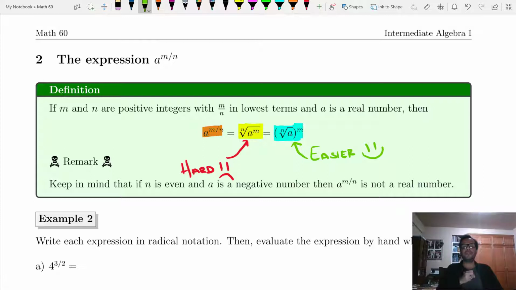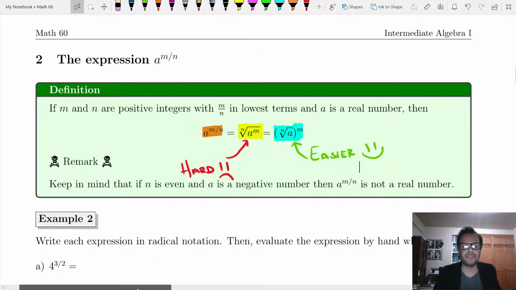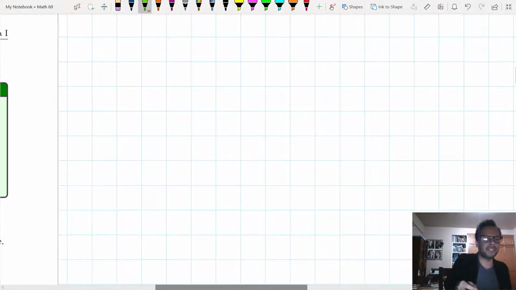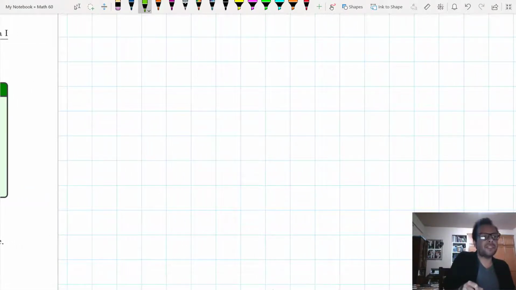Let me give you an example on the side just to show you how bad this really is, right? I'm going to drag to the next part right here, and I'm going to evaluate. Let me make something up.